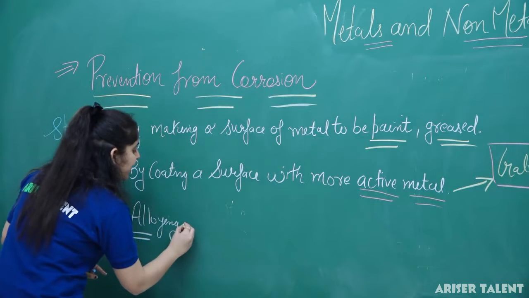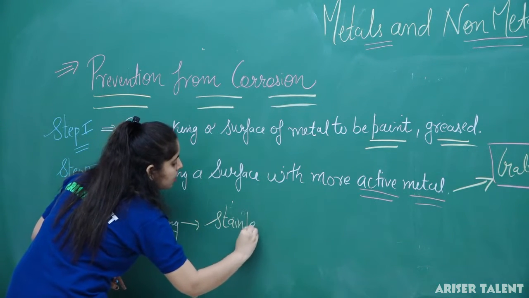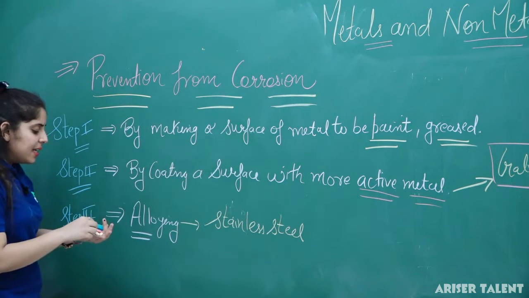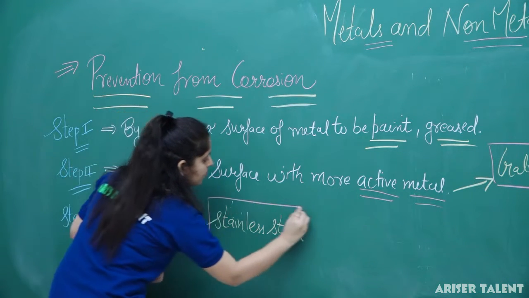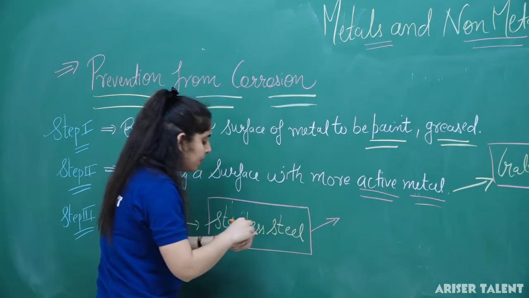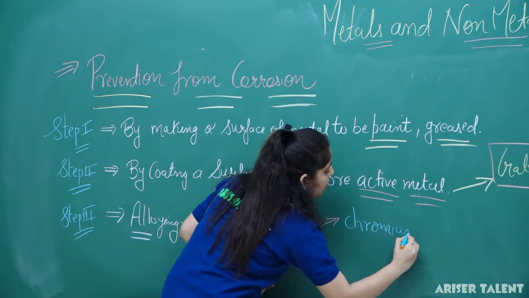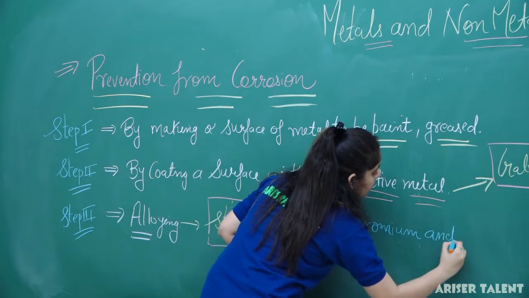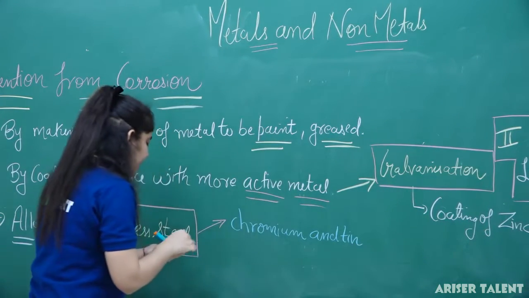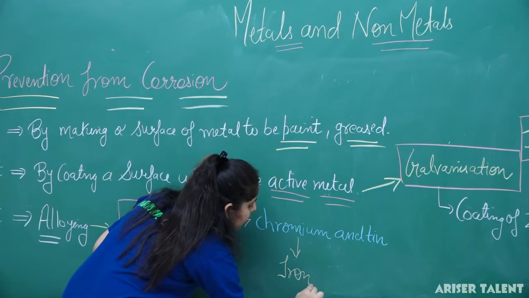So what will happen in the case of alloying? We will use stainless steel. This stainless steel is formed by combining chromium and nickel with iron.